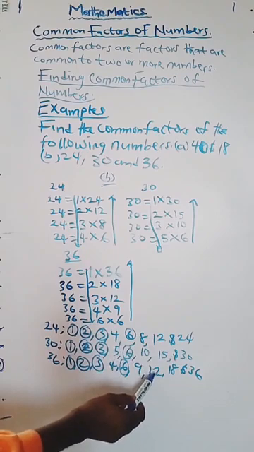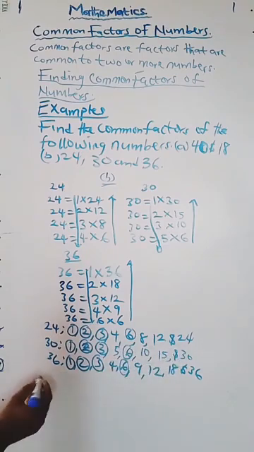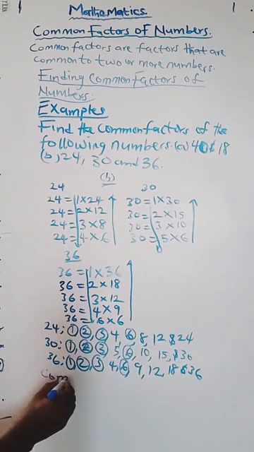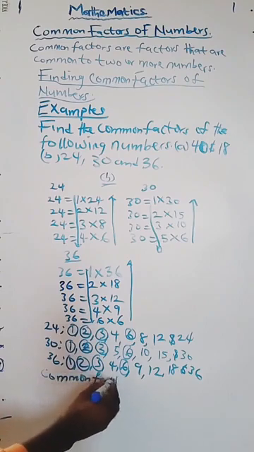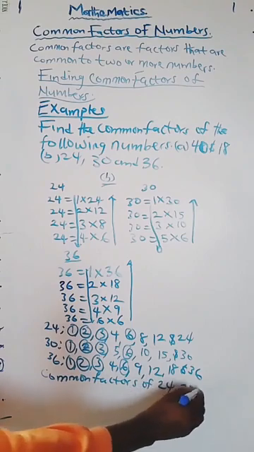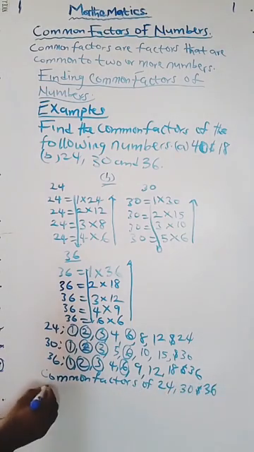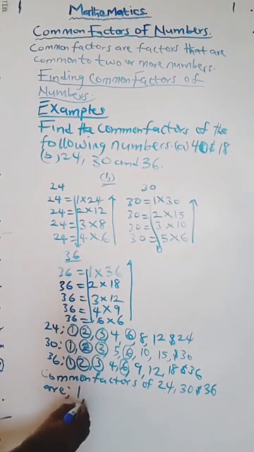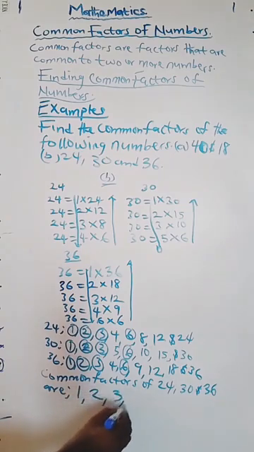Can't still pick it. 24, 30. So the common factors of 24, 30, and 36 are 1, 2, 3, and 6.